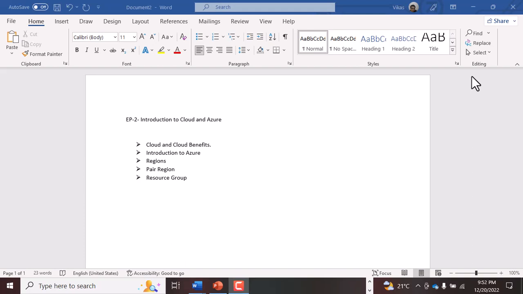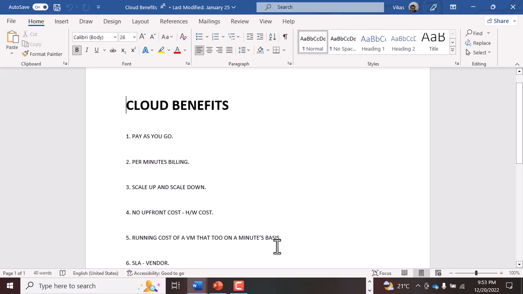Now, any company who is saying I'm a cloud provider, yes, Google Cloud is there, Azure is there, AWS is there, IBM also has their own cloud. Any provider who is saying I'm a cloud provider, yes, they can say, but they need to provide some basic characteristics, capabilities. Those capabilities include pay as you go.